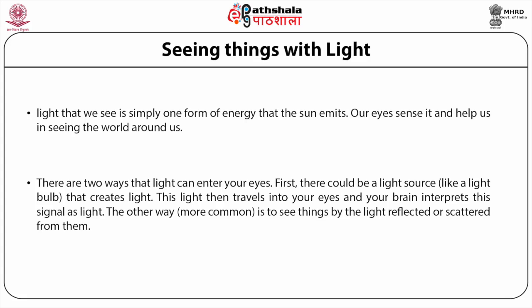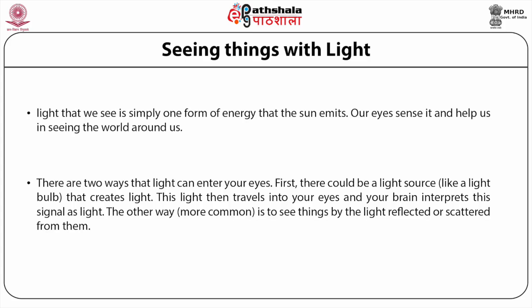First, there could be a light source like a light bulb or any other light source that you see in your houses. This light then travels into your eyes and your brain interprets this signal as light. The other way, which is more common, is to see things by the light reflected or scattered from them.